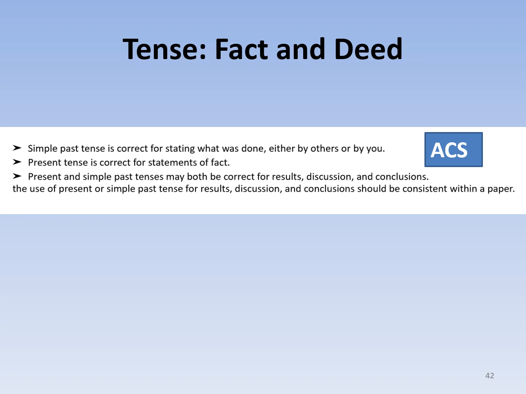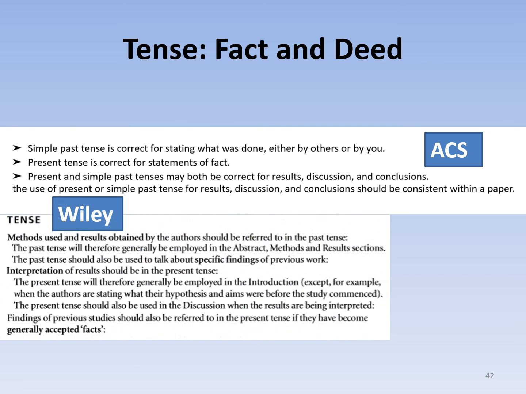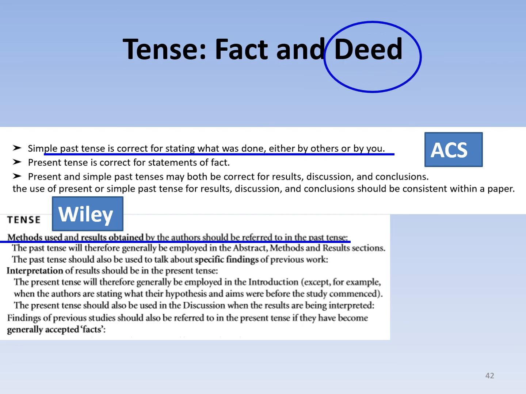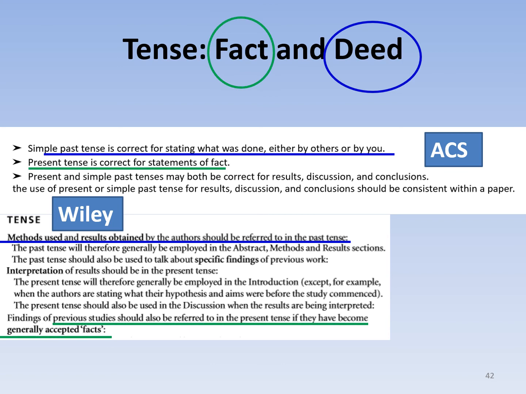And for the discussion, it can be either. But if you go to the Wiley guideline, they want the same for what is done by you and what is considered common sense. But they have a conflict for the discussion.